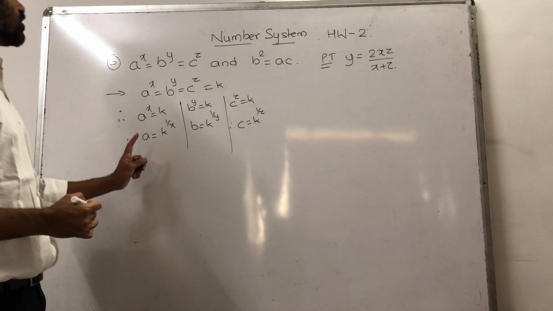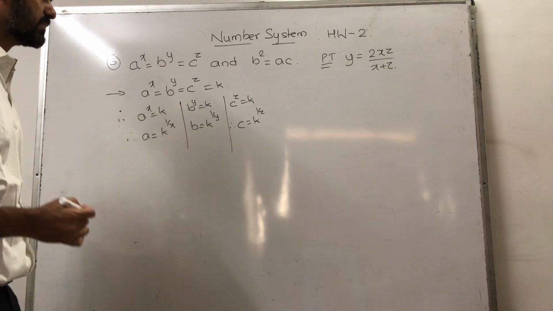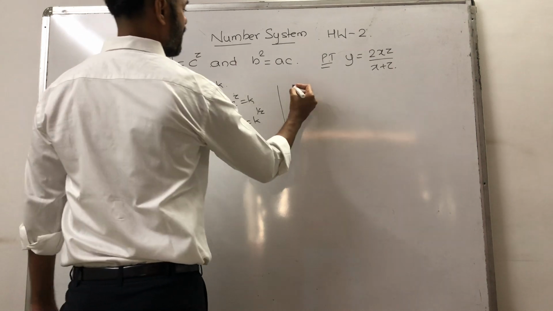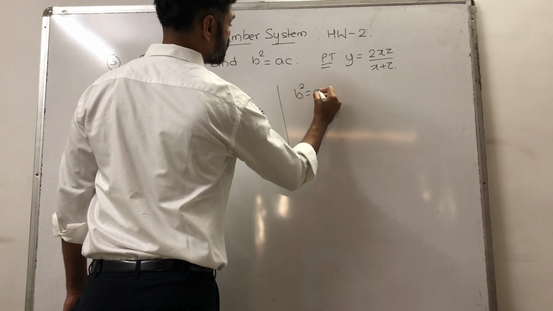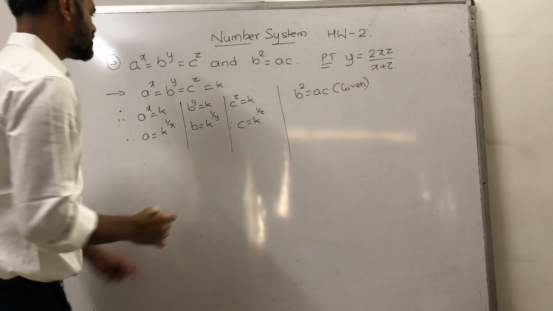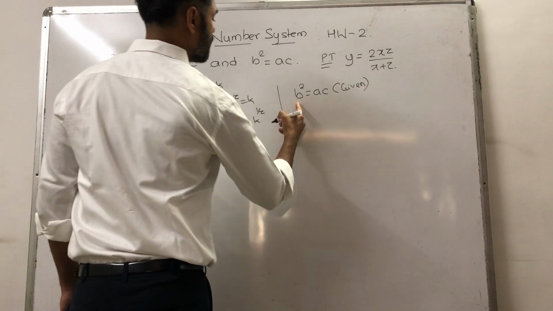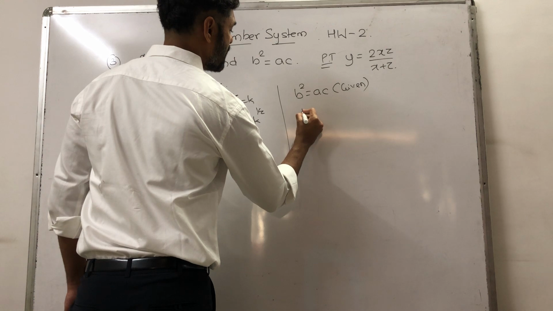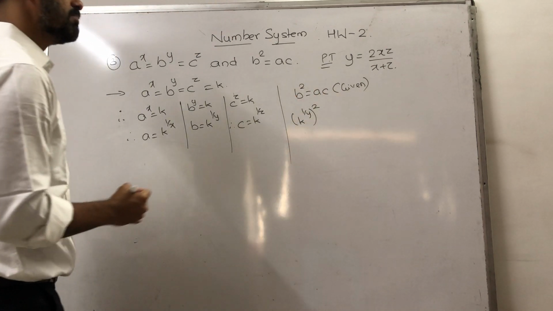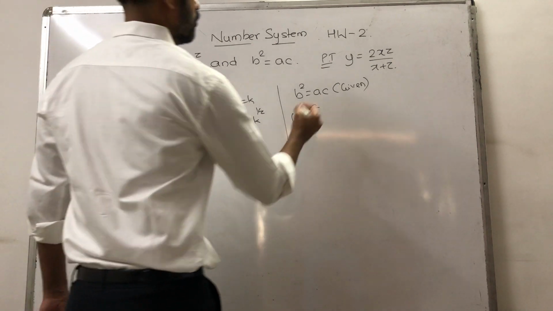So now we have value of a, b and c. They have given us a relation between a, b and c. They have given that b square equals ac. This is given. What is b? b is k raised to 1 by y. So we replace b by k raised to 1 by y. This is b square, so it will be k raised to 1 by y whole square. What is a?